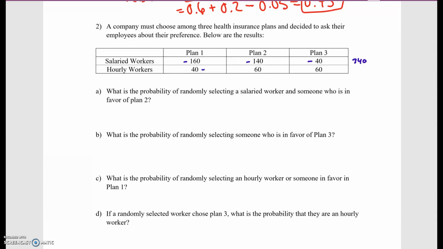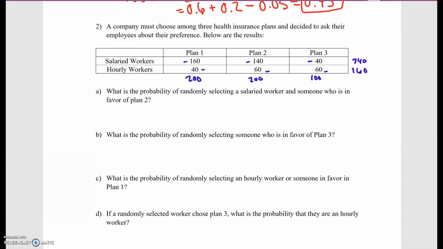Then I'm going to add this row of hourly workers: 40 plus 60 plus 60, which is going to give me 160. Then I'm going to add everyone who chose plan 1. That's a total of 200 people. Everyone who chose plan 2, this is another 200. Everyone who chose plan 3, that's going to be 100.